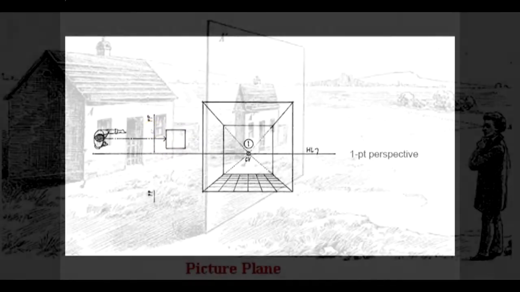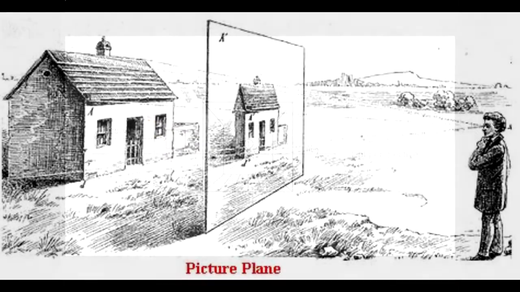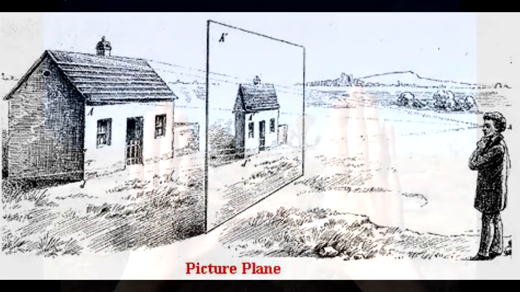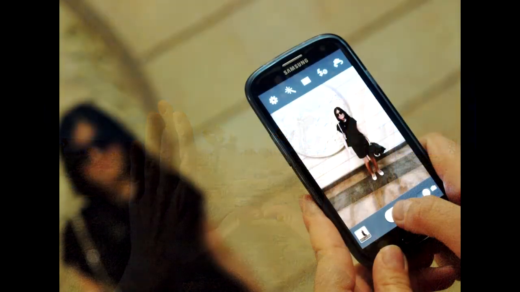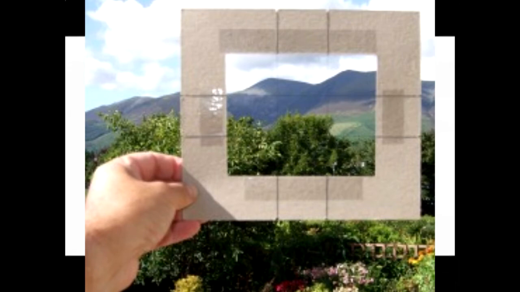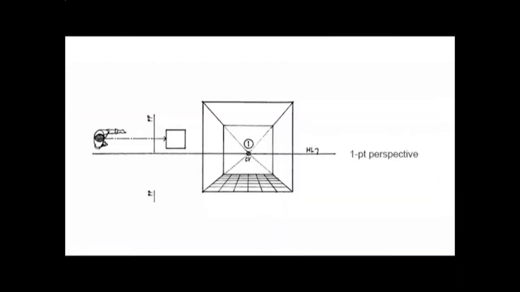The picture plane, again, is that plane that's between you and whatever it is you're drawing. And so for us, it's going to essentially be our piece of paper. We can define a picture plane using our fingers like a film director does, or using your phone or a viewfinder that we cut. There's different ways to define that picture plane. But here we're just using it as that parallel plane that's between us and whatever it is we're drawing, which is essentially our sheet of paper.